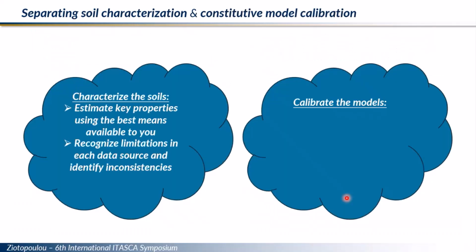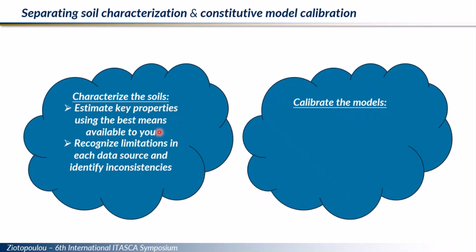So you have two choices. On the left, that's a traditional one. You're characterizing the soils, and on the right, you have calibrating the models. And this separation has the benefit of clearly separating the problems that can arise due to data inconsistencies from the problems that arise from model calibration. And we find that this is a message that we need to be reinforcing.